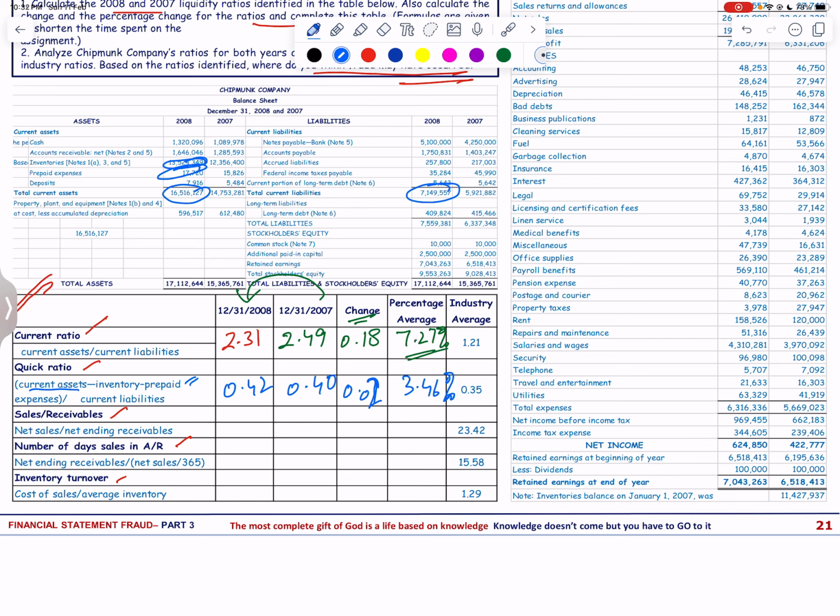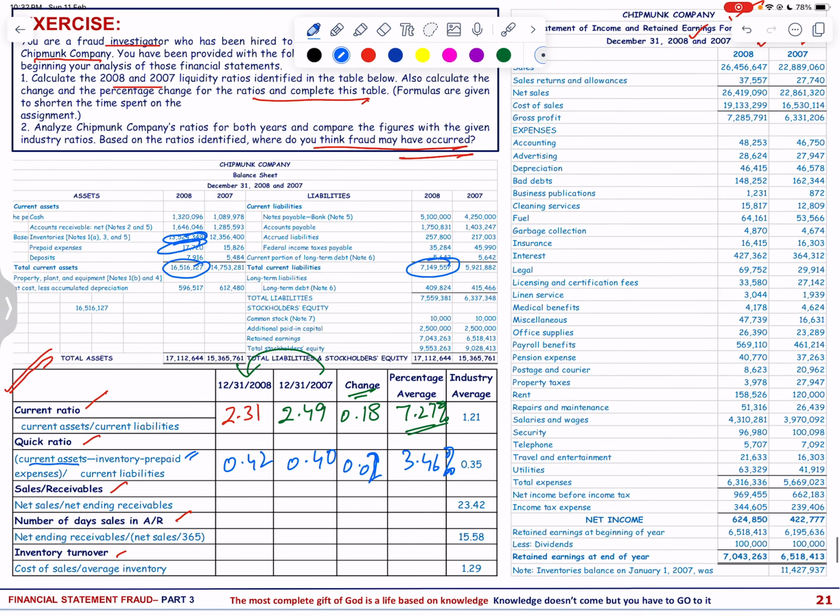Then we move on to the receivables turnover, that is net sales. Now net sales is from the income statement. The net sales is 26,419, and this will be divided by net ending receivables, and the net ending receivable for the year 2008 is 1,646,046.